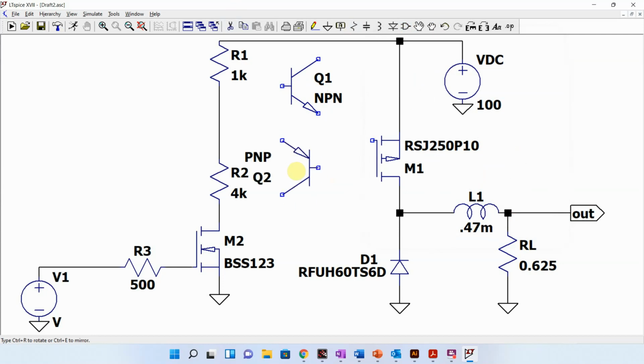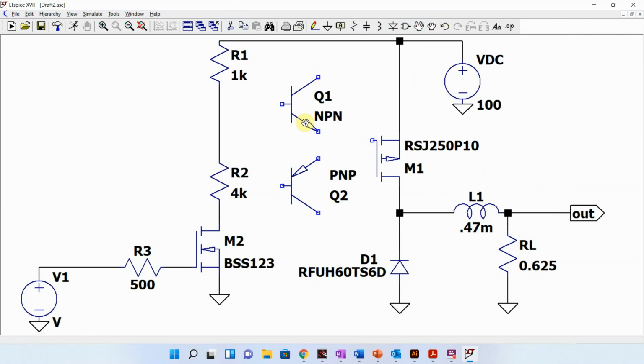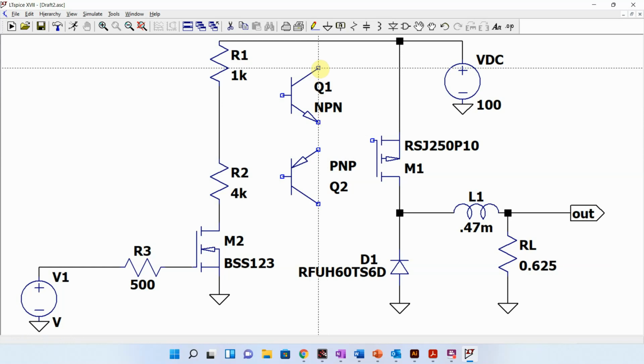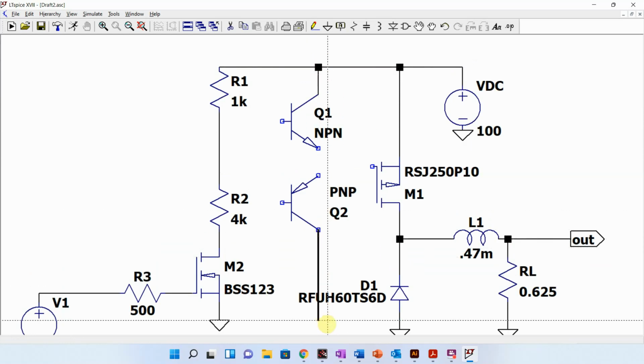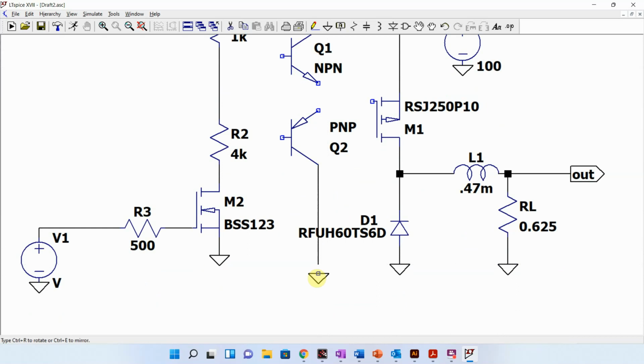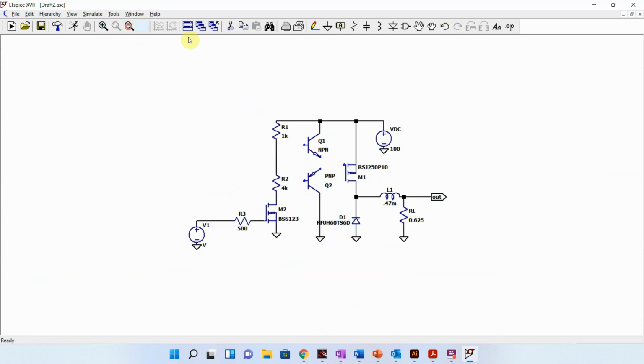And then this one we have to flip around, so that the two emitters are connected together. This ties up to here. This is going to tie down to ground. Let's make this a little bigger.